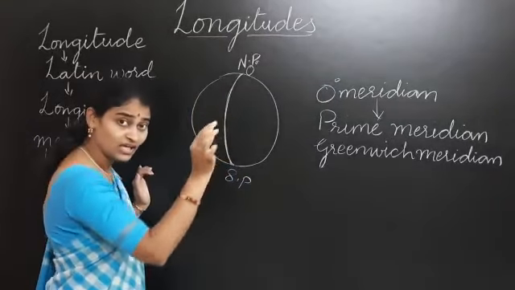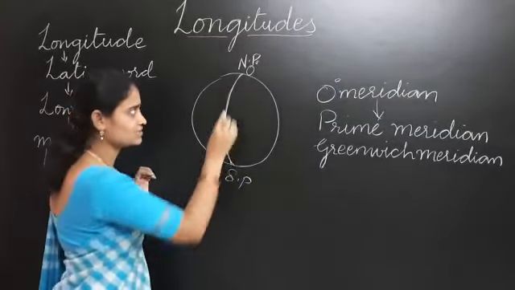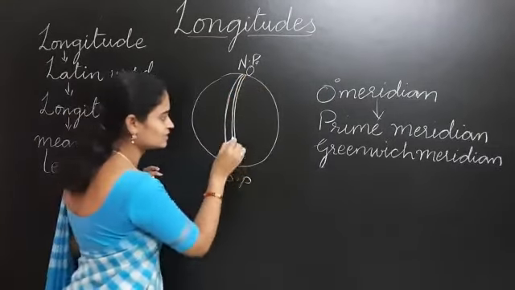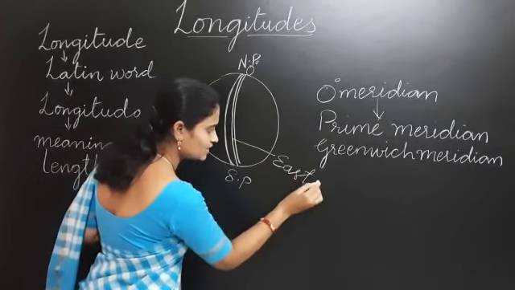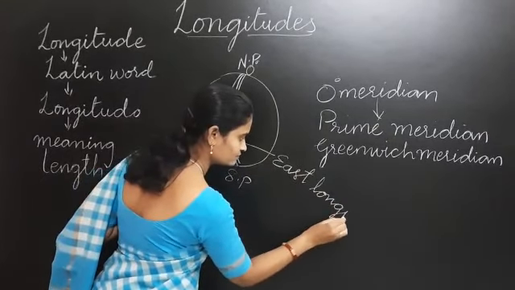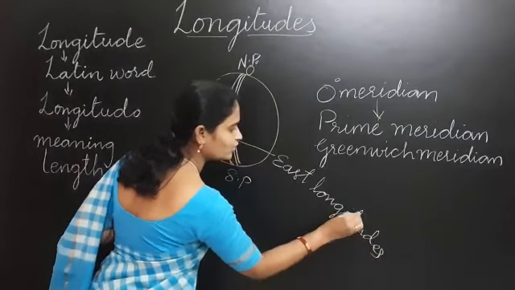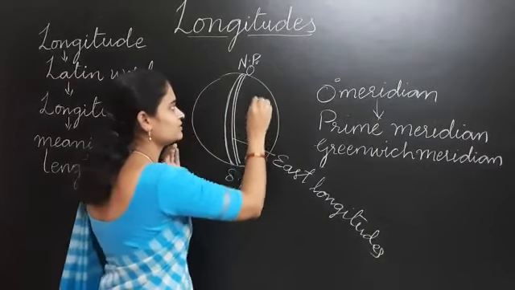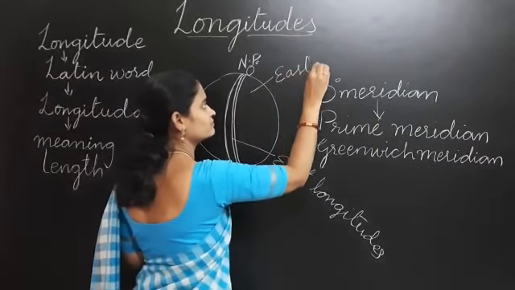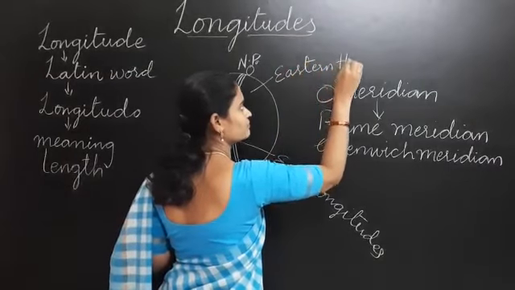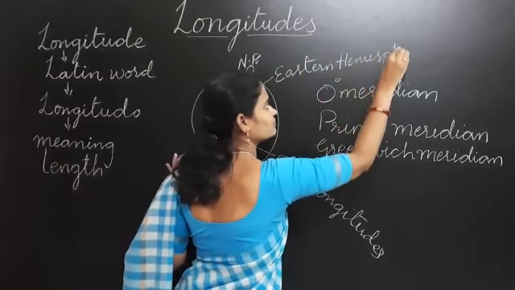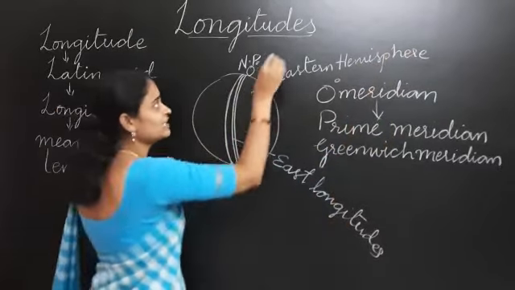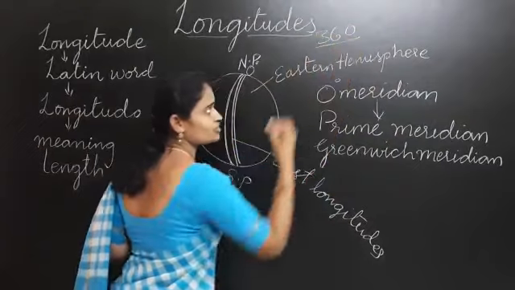Here, the longitudes which go east are the east longitudes, and this forms the Eastern Hemisphere. Totally there are 360 longitudes.